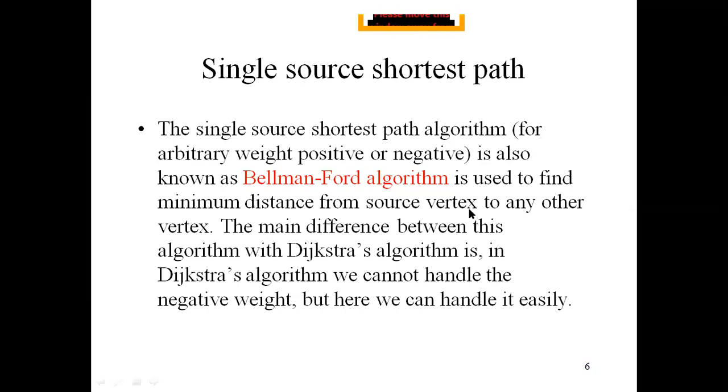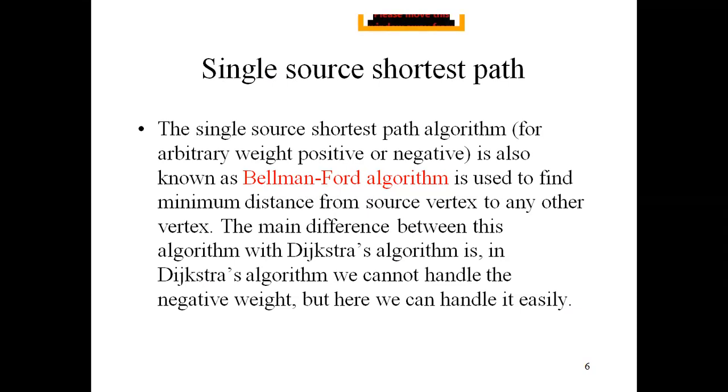The main difference between this algorithm and Dijkstra's algorithm is that in Dijkstra's algorithm we cannot handle negative weights, but here we can handle them easily. What is the meaning of this? We have the Bellman-Ford algorithm and Dijkstra's algorithm, two algorithms for solving the single source shortest path problem.